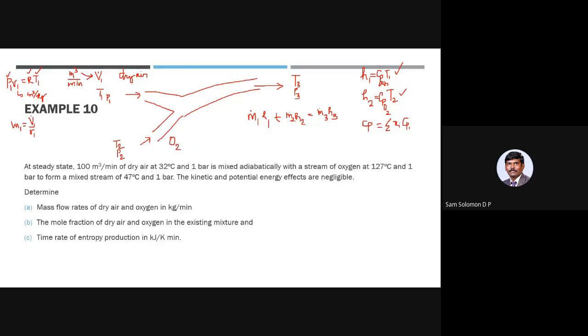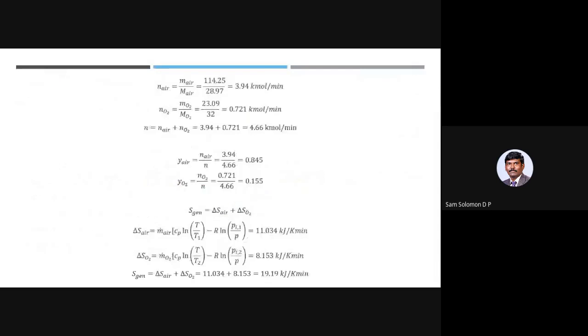Then you find Y equal to number of moles of oxygen divided by total number of moles. Because everything is in dot, you have kilomole per minute everywhere. Once you estimate this, finding the mole fraction is simple.